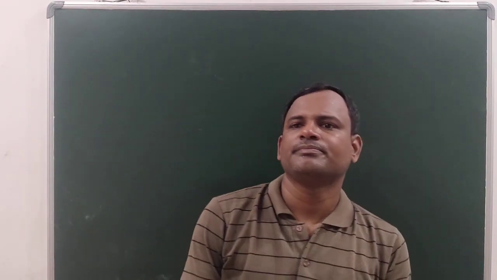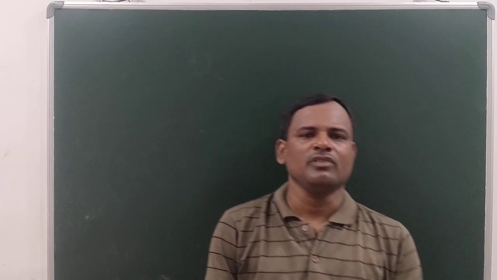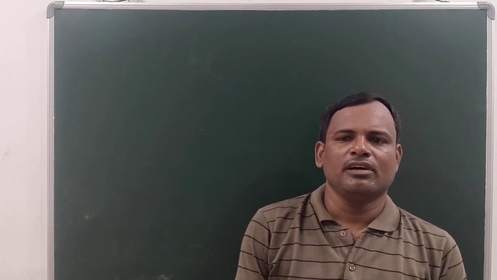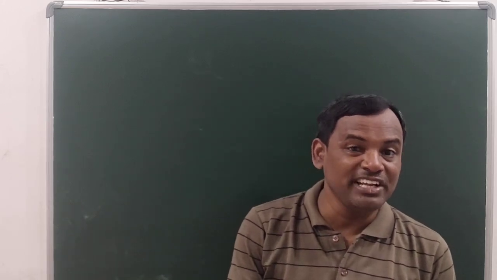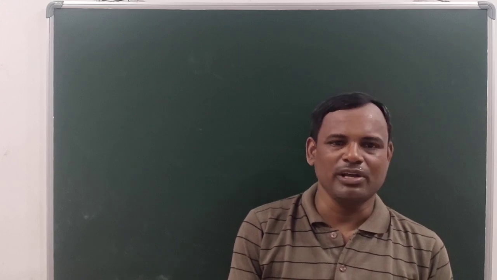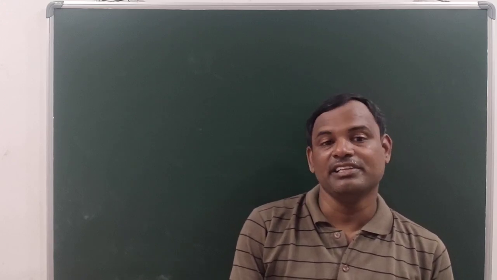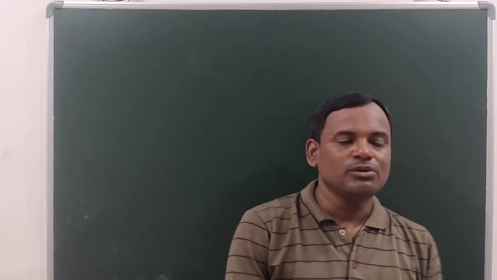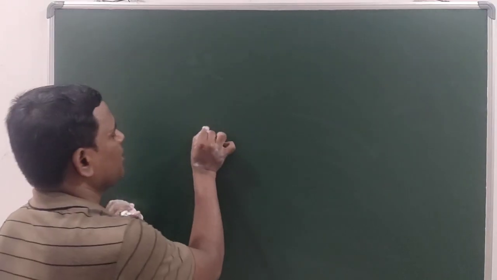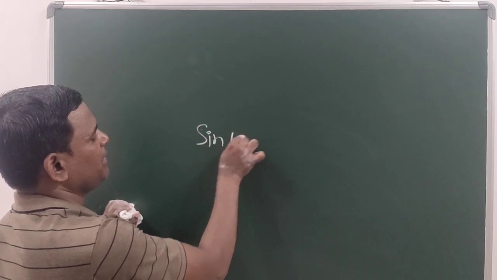Right students, next. In this chapter we have some standard angles also. So define the trigonometric ratios at the angles 15 degrees and 75 degrees. If this question is given, how do you answer, like sine of 15 degrees?